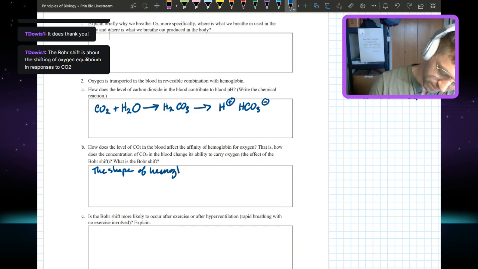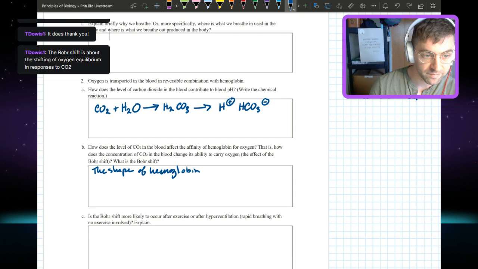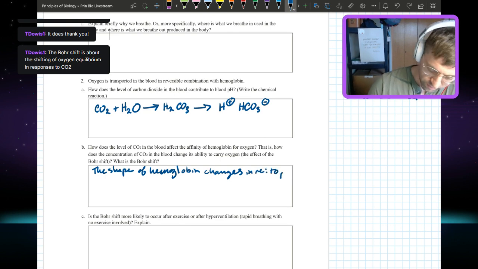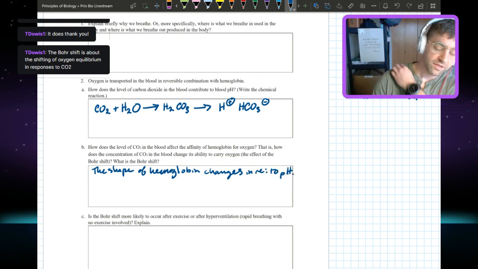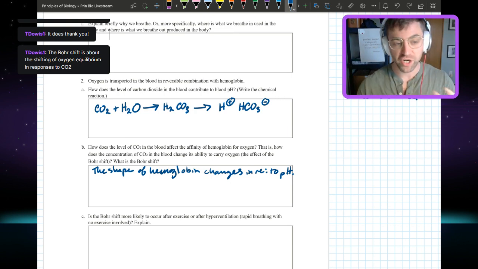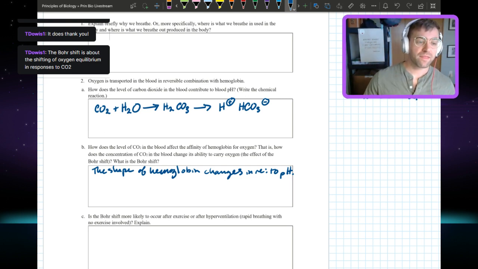Hemoglobin is, so at lower physiological pHs, this shape change causes hemoglobin to give up more of its oxygen at a given partial pressure than it would at a higher physiological pH.